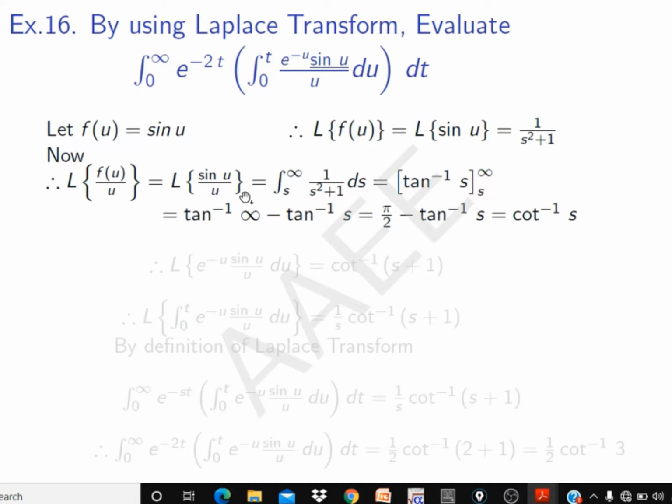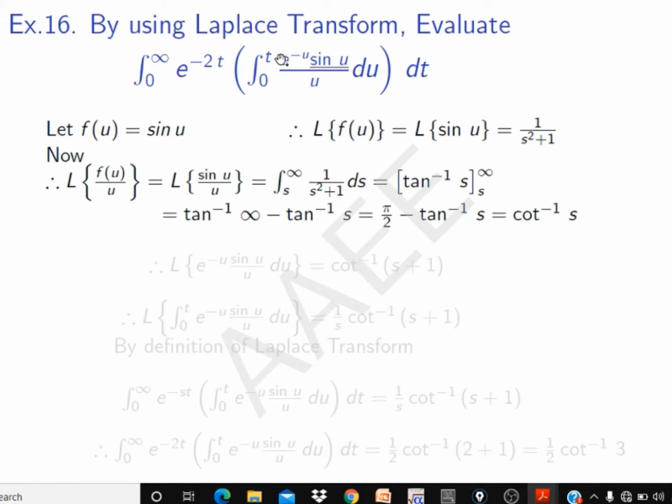Putting the upper limit, tan inverse of infinity minus tan inverse of s, is pi by 2 minus tan inverse of s, and you know very well that pi by 2 minus tan inverse of x is equal to cot inverse of x. So instead of x, here it is s, that is cot inverse of s.